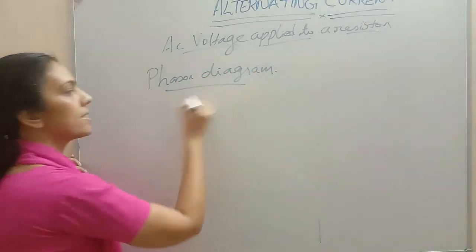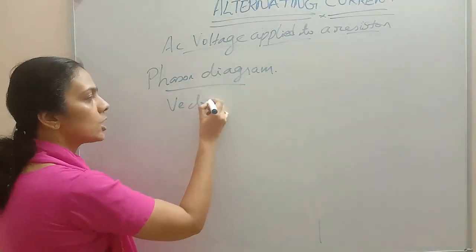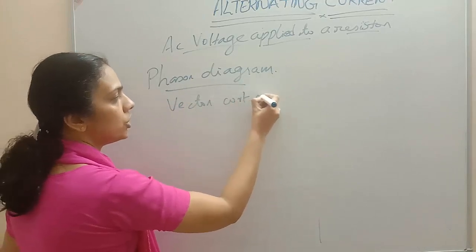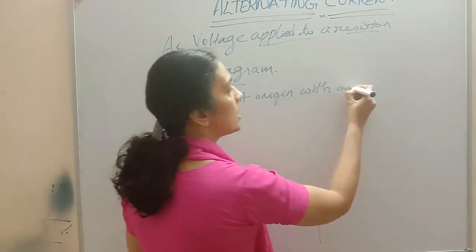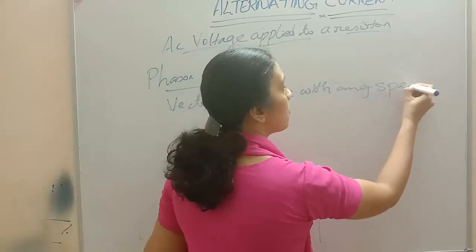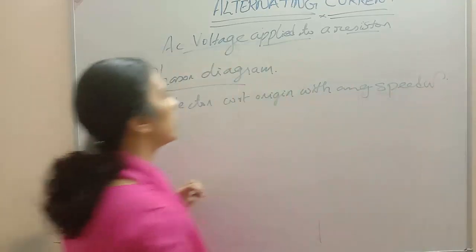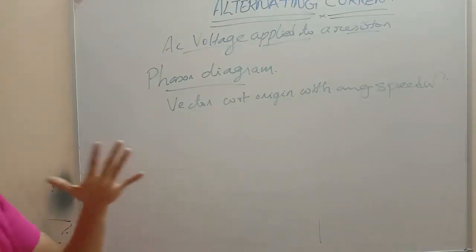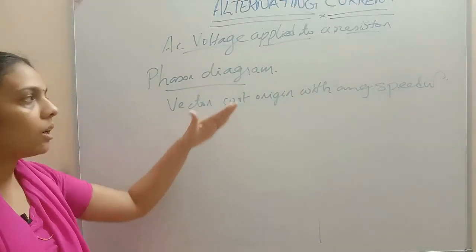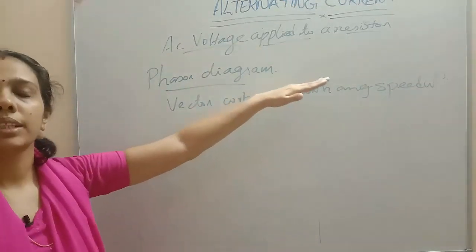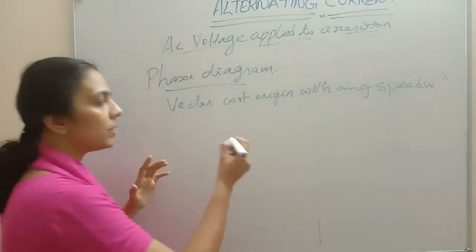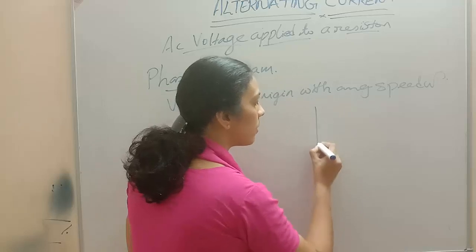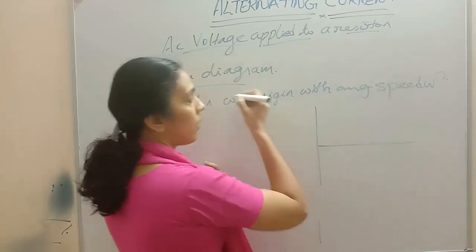A phasor diagram is a vector with respect to the origin, which is moving with angular velocity or angular speed omega. So with respect to the graph only we will be drawing the phasor diagram.